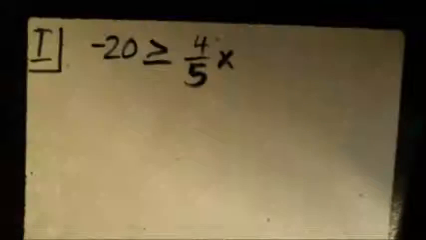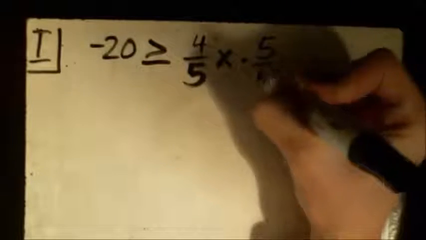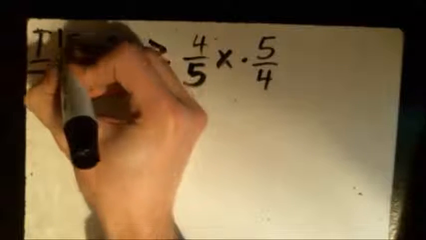So for I, we've got negative 20 is greater than or equal to 4/5 x. All right, so once again, in order to get rid of a fraction, you have to multiply by the reciprocal. So the reciprocal of 4/5 would be 5/4. So I'm going to multiply both sides by 5/4.